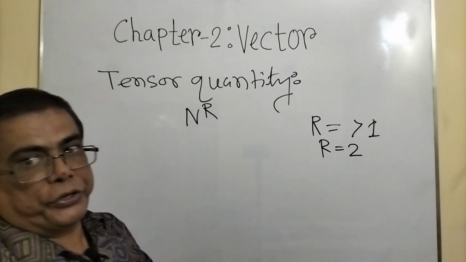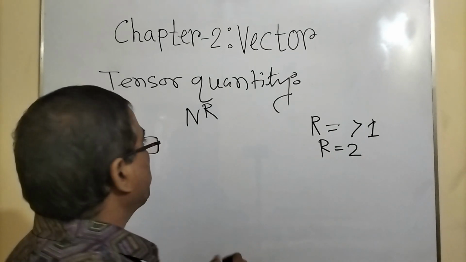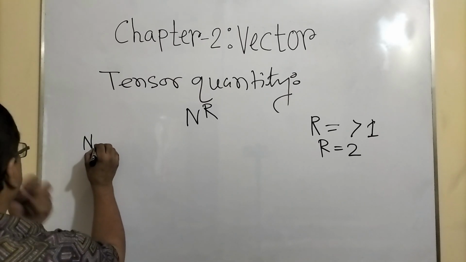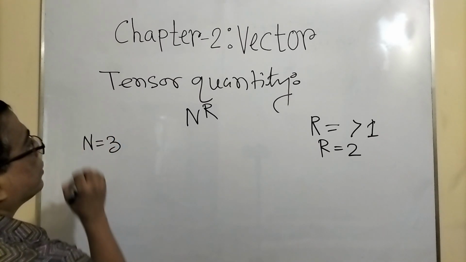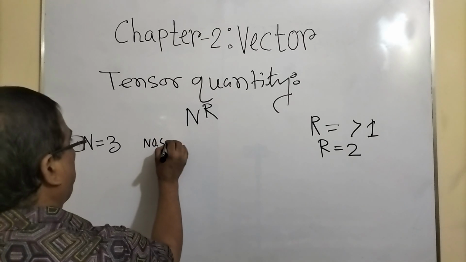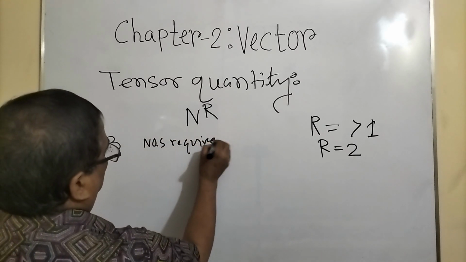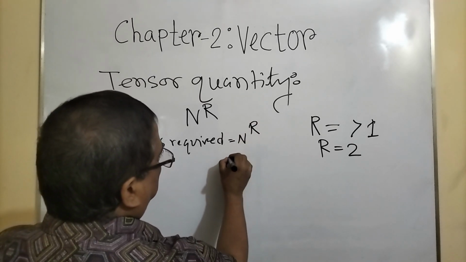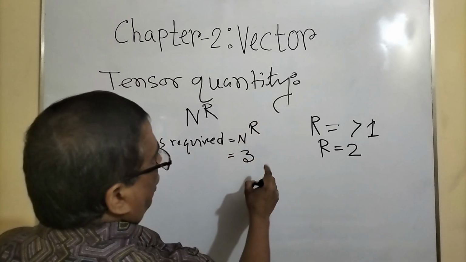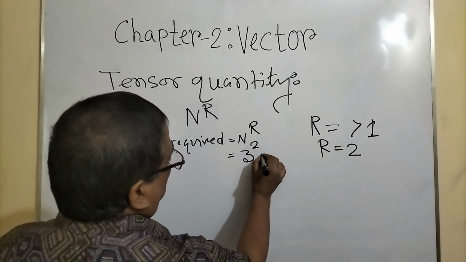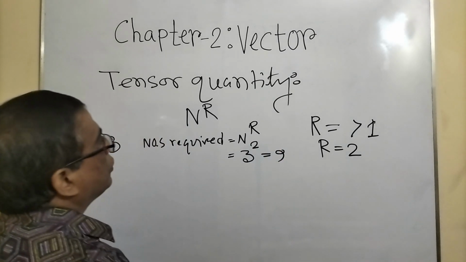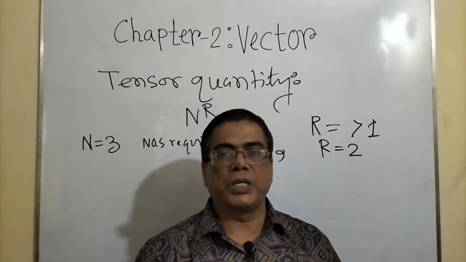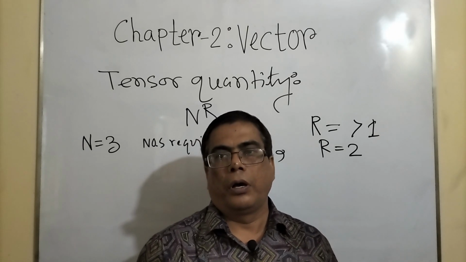When a tensor quantity is in 3-dimensional space, n equals 3, the numbers required equal n to the power r, n equals 3, r equals 2, equals 9. So, when a tensor quantity is in a 3-dimensional space, the numbers required is 9.